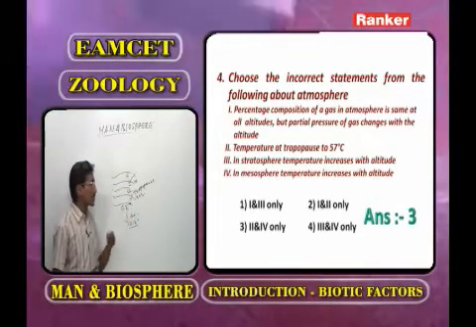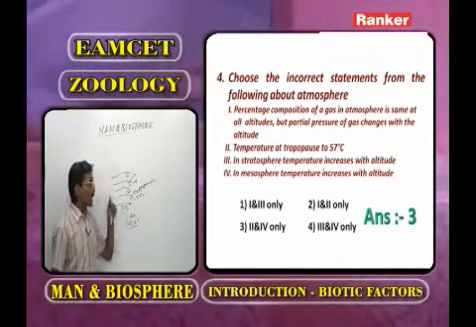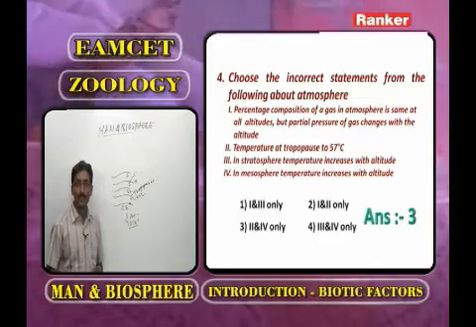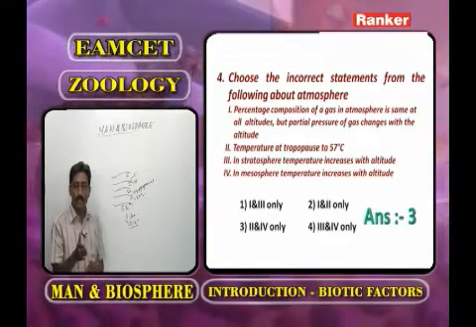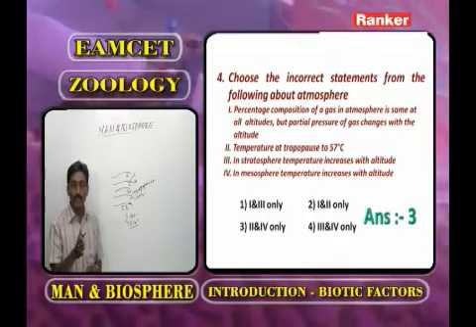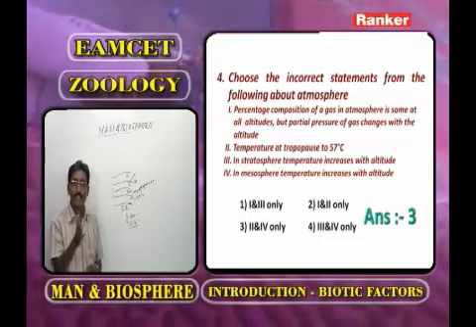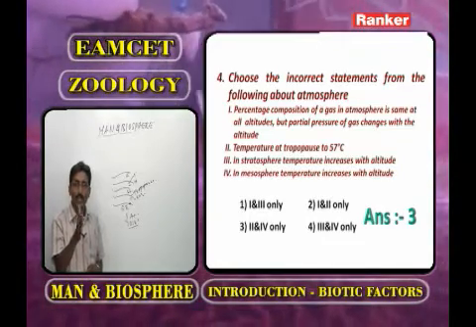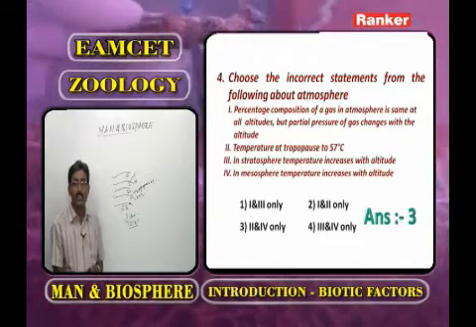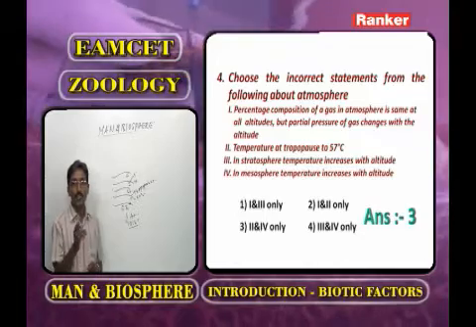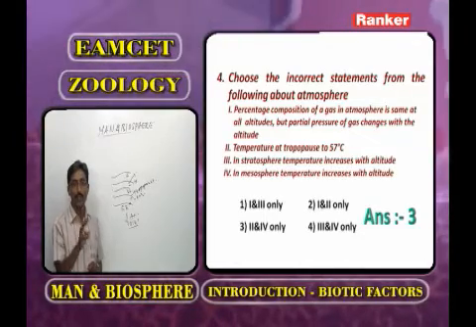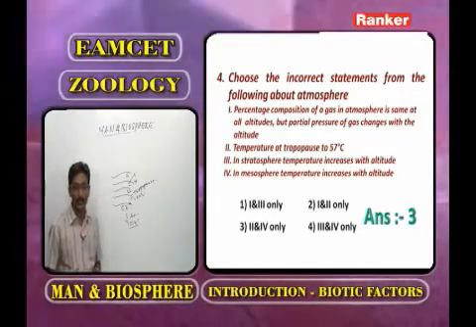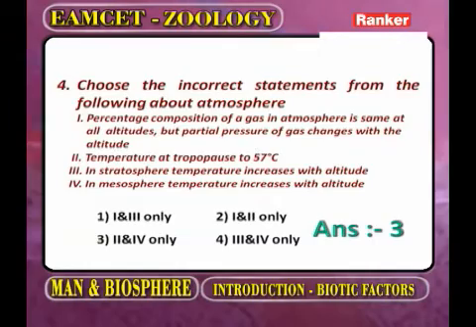In the fourth statement, the mesosphere, a part of the ionosphere, the temperature decreases with altitude, not increases. So the second statement and the fourth statement are incorrect. Now we go for the next question.